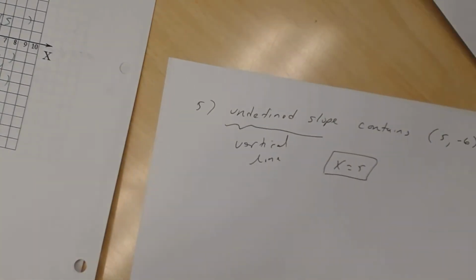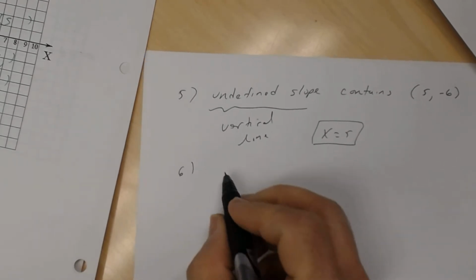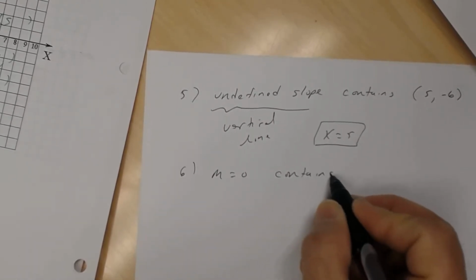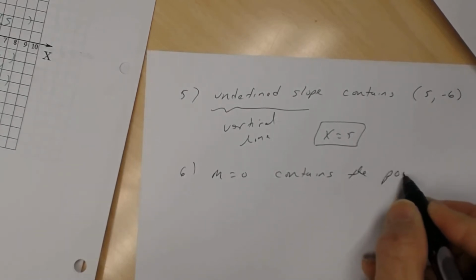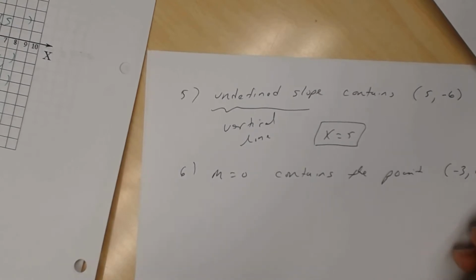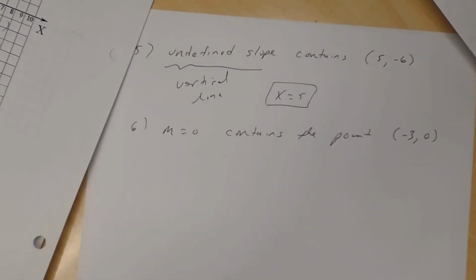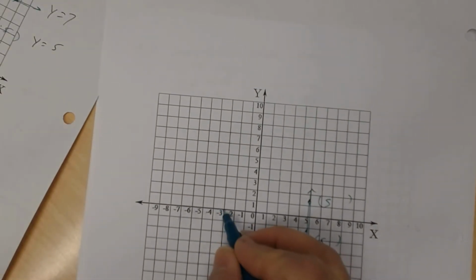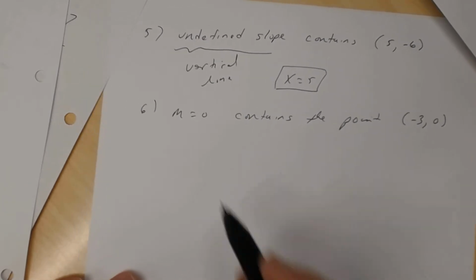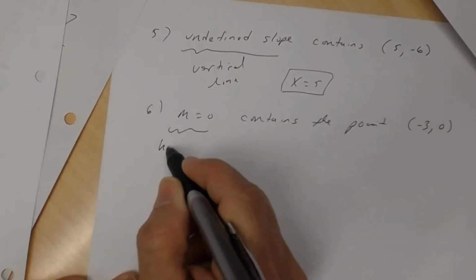Alright, now number 6, suppose that the slope is 0 and it contains the point, and let's say the point was negative 3, 0. Negative 3, 0. So again, I'm going to plot the point. Negative 3, 0 is right here. It's on the x-axis. And remember we're talking about slope 0, which means that you're dealing with a horizontal line.